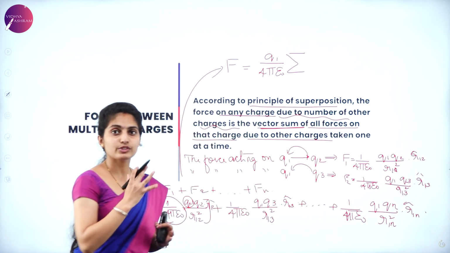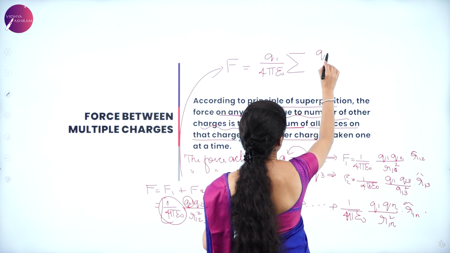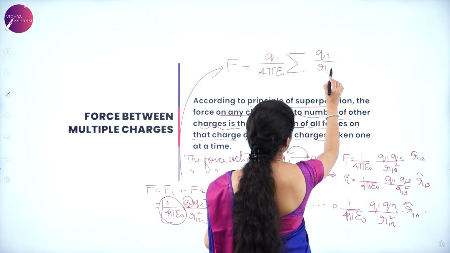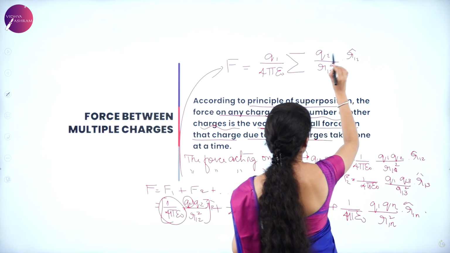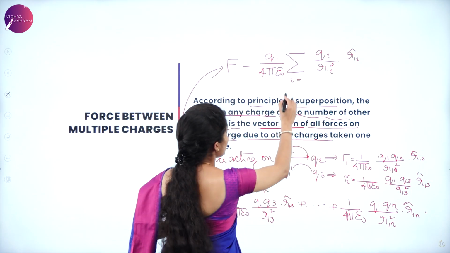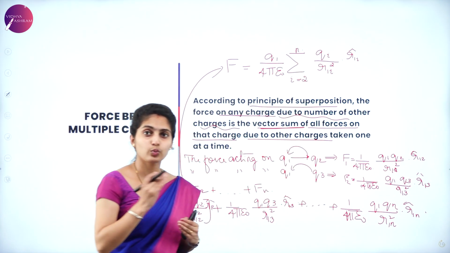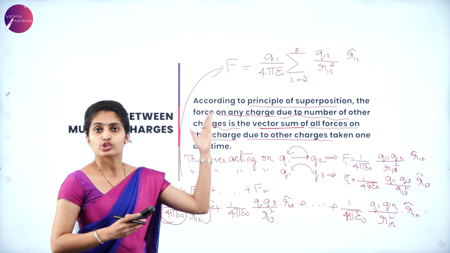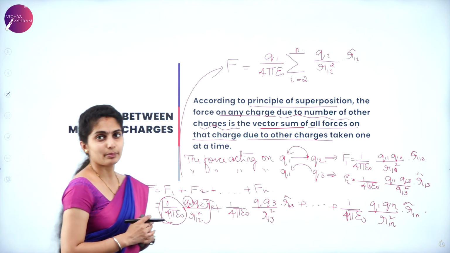And the one which changes is Qi divided by R1i square into R1i cap, where i keeps varying from 2 to n, because 1 is already here as Q1 and the next term itself is Q2, so it is 2 to n. So that is a general term for you to represent force between multiple charges.